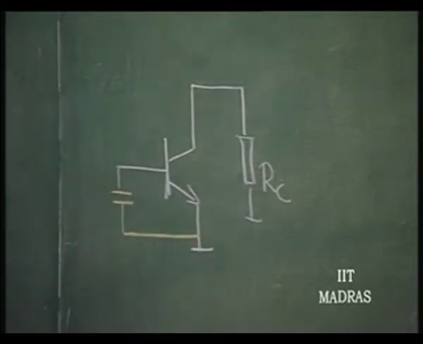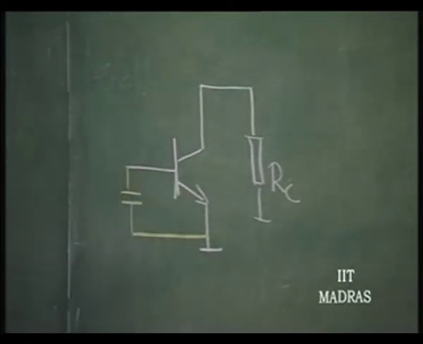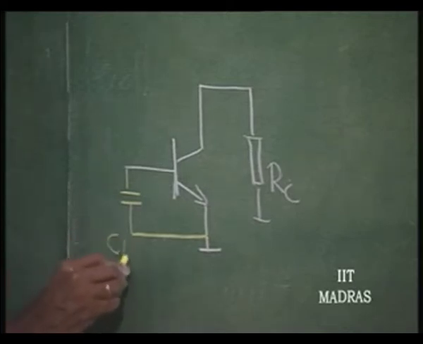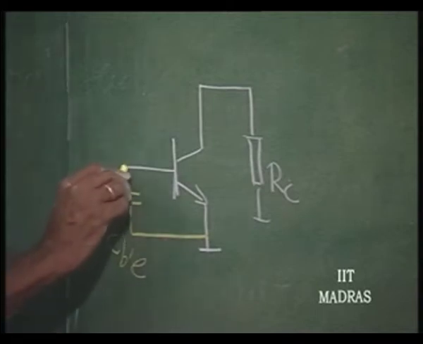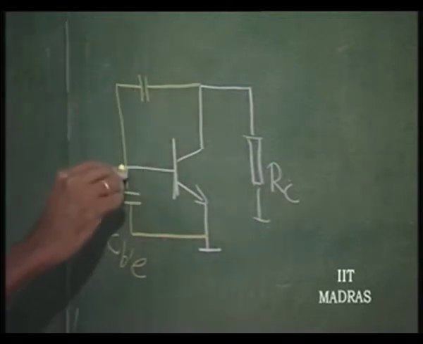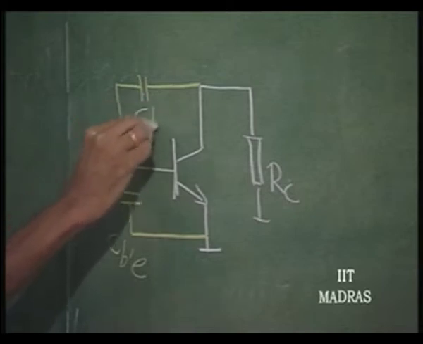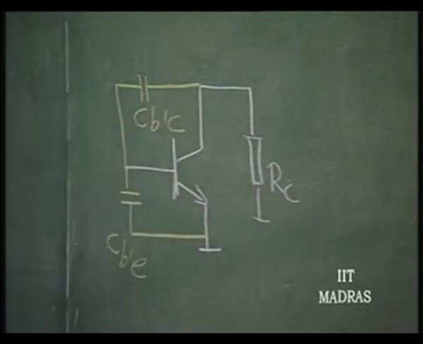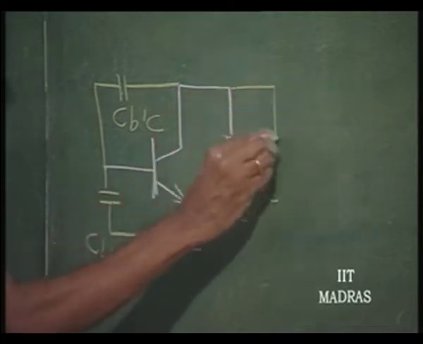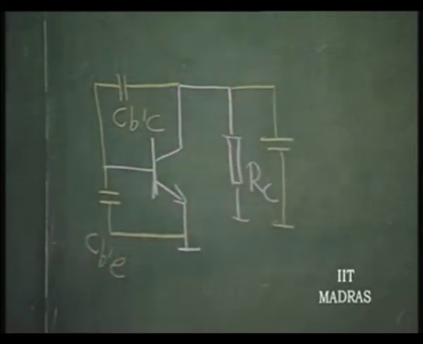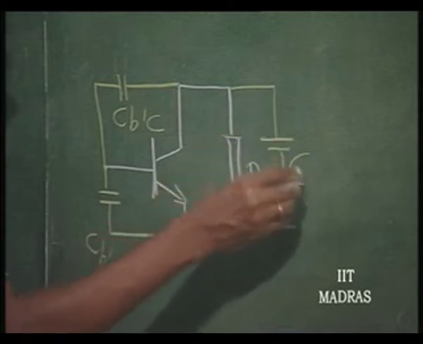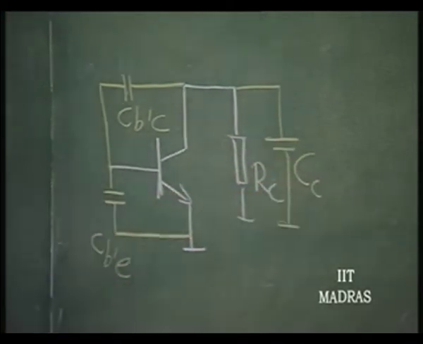In a transistor, this will be the stray capacitor plus the input capacitor of the transistor, which is normally called C B dash E, and then there will be a capacitor between the base and the collector, which is called C B dash C. And there might be some output capacitor here, which we will call C C, collector.